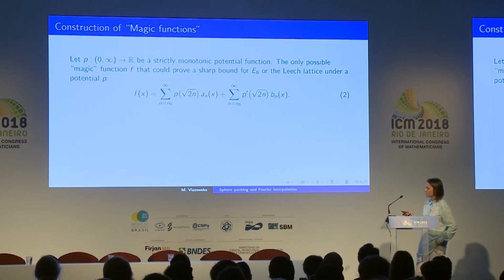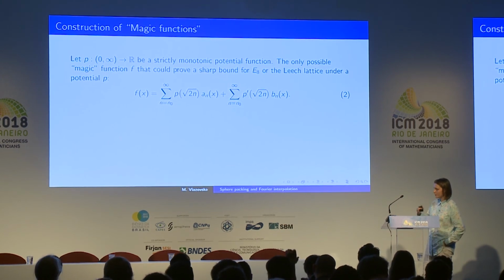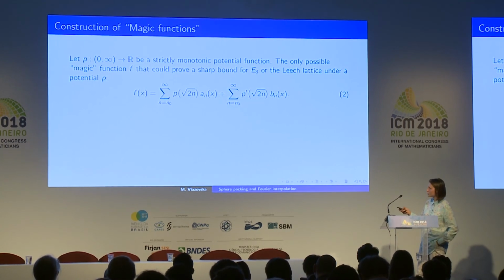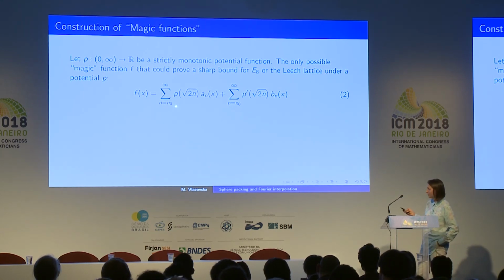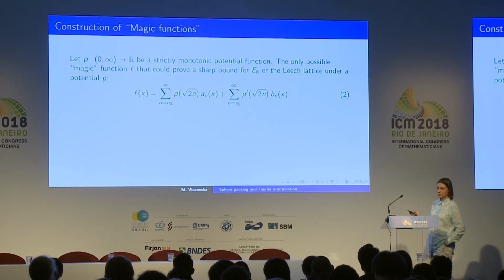By similar considerations as we had for the double zeros of our magic function in the sphere packing case, here also we require that our magic function coincide with our potential function at all square roots of even integers. So the only possible choice for f would be this function.